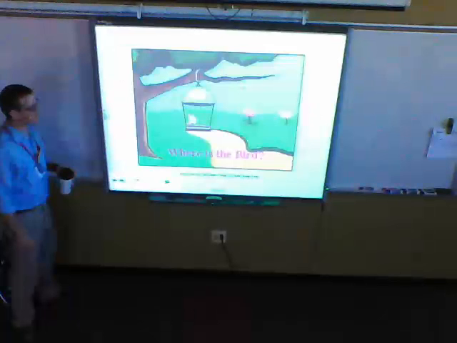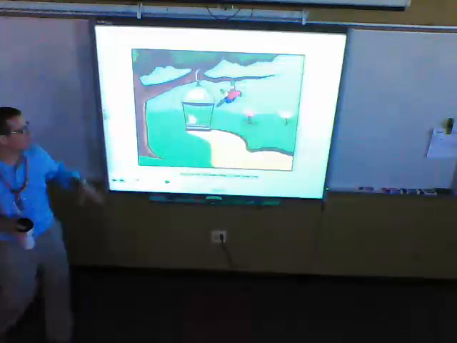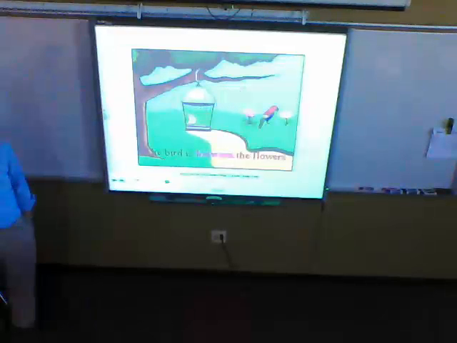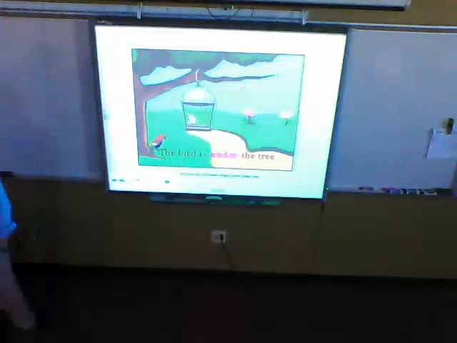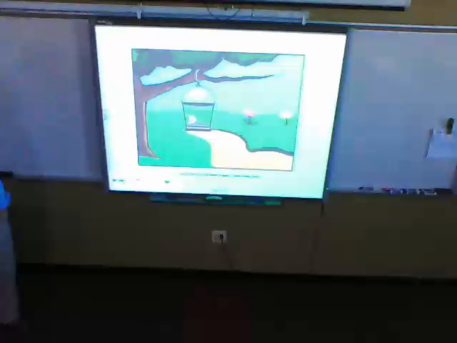Good enough? Alright. So, we have a couple examples here. Watch our little birdie. He's going to fly around, and every time he flies around, you're going to see a new prepositional phrase. So, bird is on the tree, in the cage, between the flowers, under the tree, on the tree, in the cage, between the flowers.